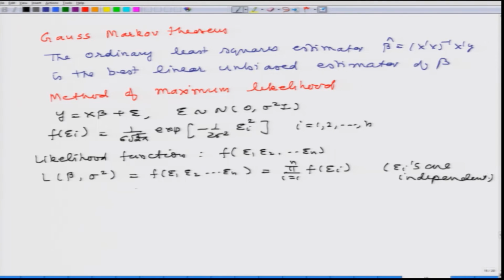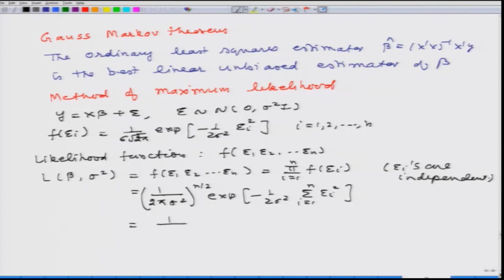right. So, this becomes here nothing but 1 over 2 pi sigma square raised to the power of n by 2 exponential of minus 1 over 2 sigma square summation i goes from 1 to n epsilon i square, right.